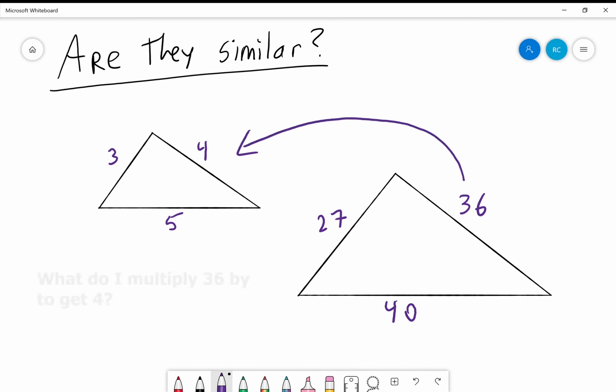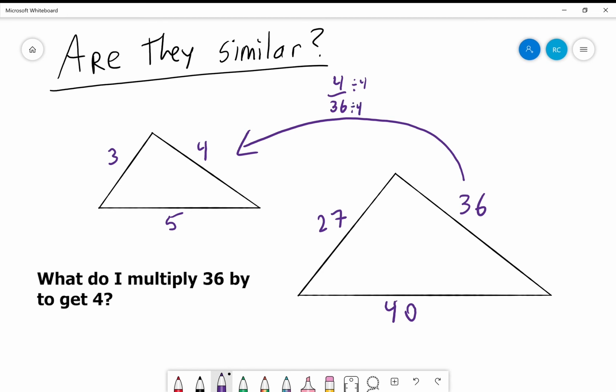And I'm going to say, what do I have to multiply 36 by to get 4? Well, again, you take the second length and divide it by the first length. So the multiplier would be 4 divided by 36. Well, those are both divisible by 4, which gives us 1/9.